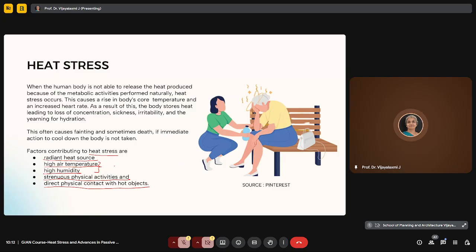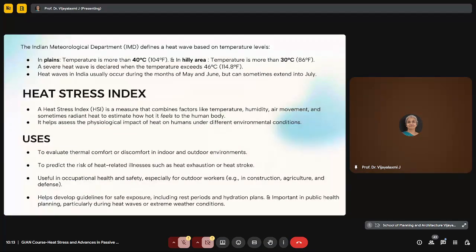When I say direct physical contact, I don't mean conduction. I mean something like being close to a furnace, or say along the roadside they make chapatis and dosa and paratha, no? So that is what I mean by direct physical contact with hot objects.